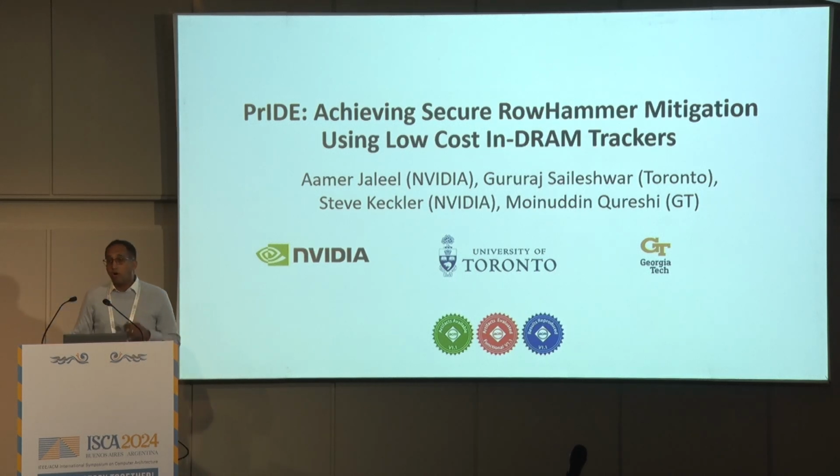So until now, all hope has been lost for low-cost in-DRAM trackers. Today I will show you that it is possible to design a principled, access pattern independent in-DRAM tracker that will be secure against Rowhammer, and it only costs 4 entries within the tracker.